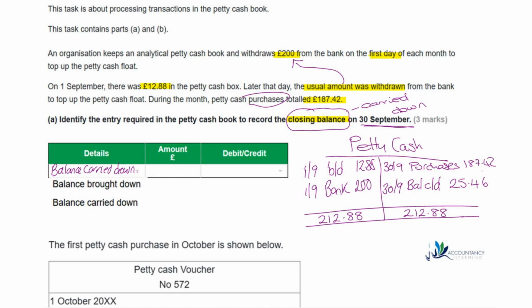So now we've got that, we can complete the entry. Our amount is £25.46, and is the closing balance a debit or a credit? Well, it's sitting on the credit side as our balance carried down. So the closing balance is really important. It'll always be the carried down balance at the last day in that financial period.